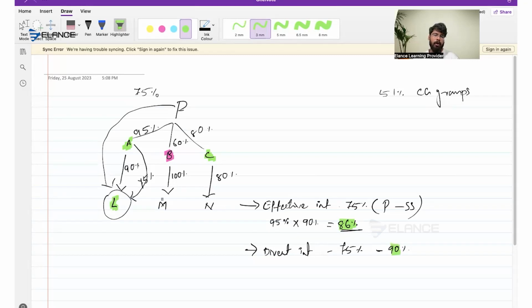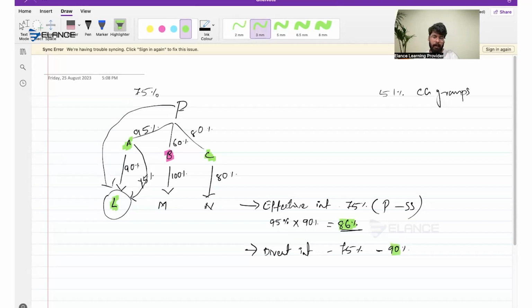And M company cannot join the 75% group, because the parent of the group should have an effective interest of 75% in M. While we are computing the effective interest, it is only 60%. So M company cannot join the group.